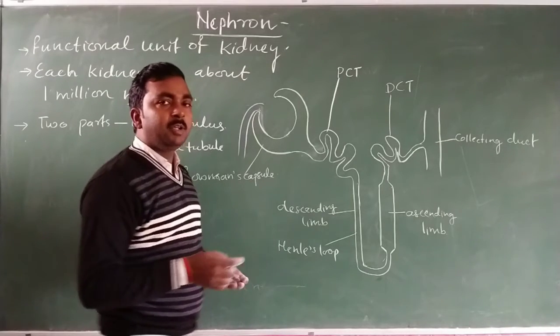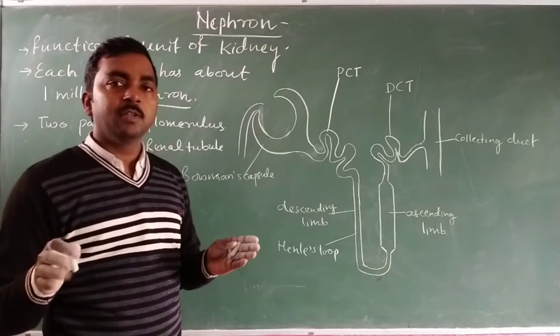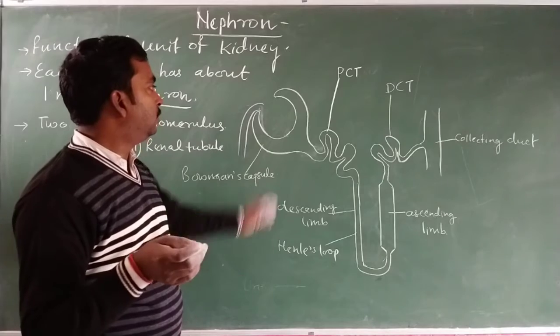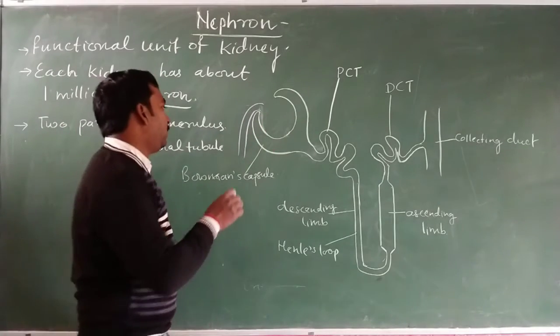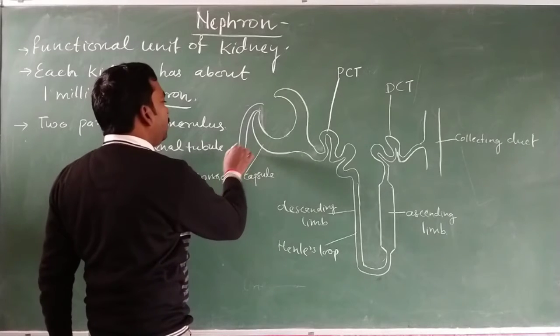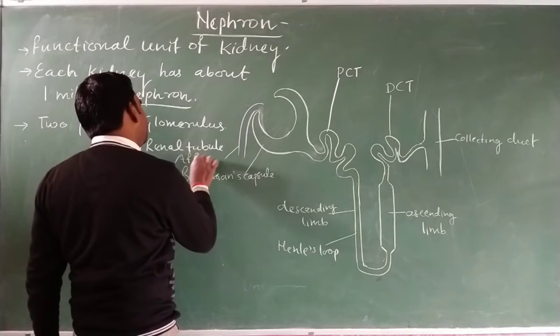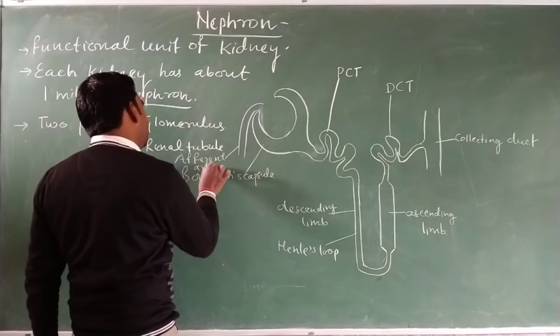The renal artery makes a number of branches, and each branch enters into each nephron. The branch of renal artery which enters the nephron is known as the afferent arteriole.